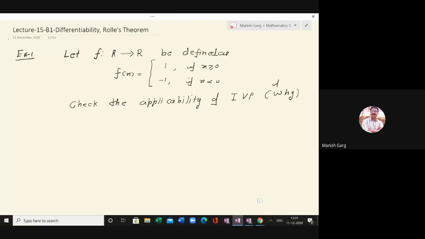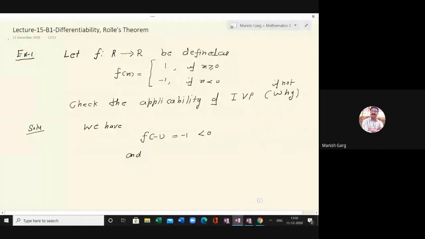Here f(x) is defined for x not equal to 0. If x is greater than 0, the function is 1; if x is less than 0, the function value is minus 1. So you can take any value. You can take f(-1), which is minus 1, less than 0. You can take f(-2), f(-3). It is up to you.